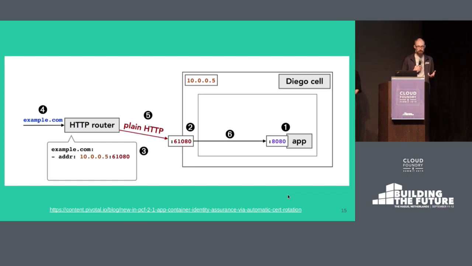Specifically, we had to deal with, how do you make sure that routes don't get routed to the wrong instance, hence route integrity. The way that this used to be handled was simply by adding a TTL to the route when it was added to the route table, and then the Go router would periodically prune those routes from its routing table. This worked fine, but we thought that there could be something better.